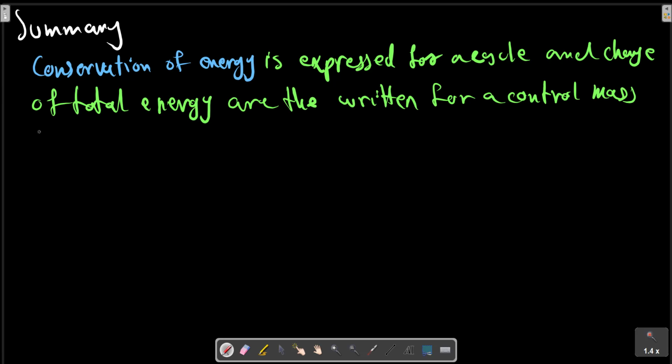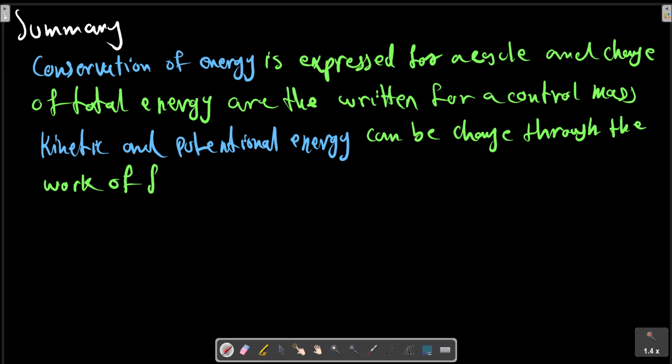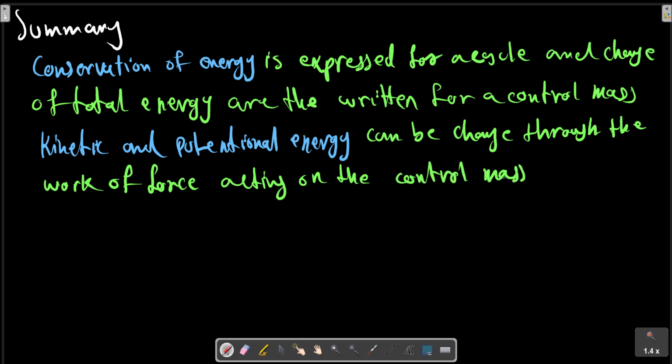Kinetic and potential energy can be changed through the work of force acting on the control mass, and they are part of the total energy.